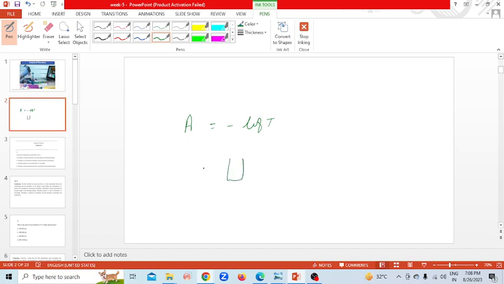Transmittance means, when rays pass through the sample, if transmittance is high, your sample absorbs very little energy or a small amount of the wavelength. So A is equal to minus log T, or minus log P upon P0, or minus log I upon I0. This is the relationship between absorbance and transmittance.